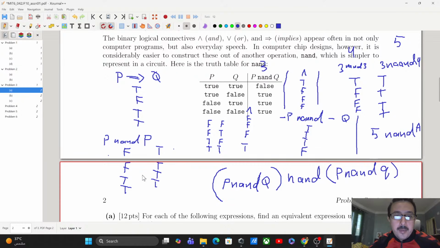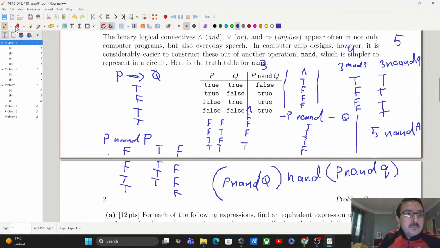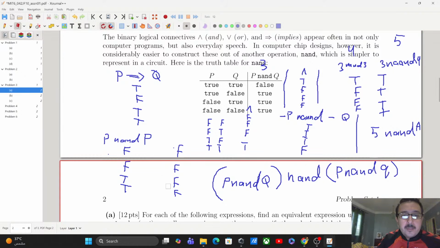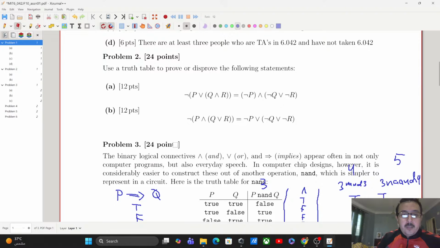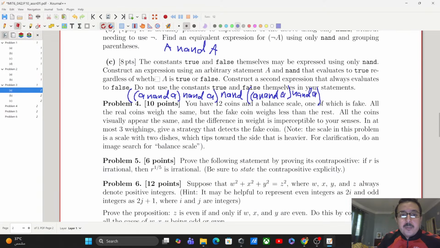True. And itself, true. False. Okay. So that checks A, NAND A, NAND A, NAND A, NAND A, NAND. Okay, so this is correct. Okay, what's the next one?